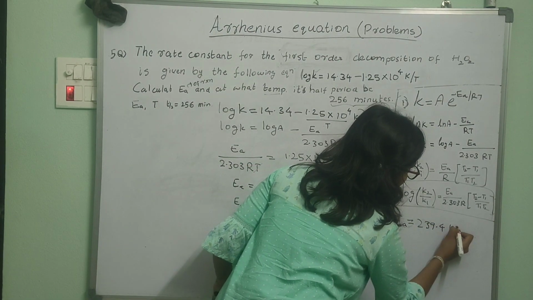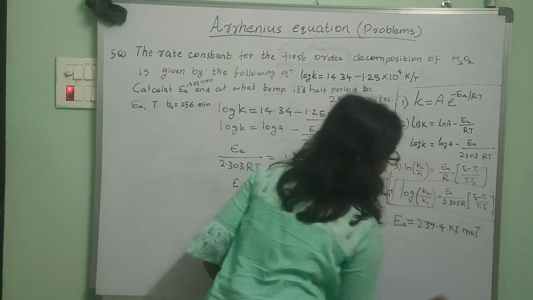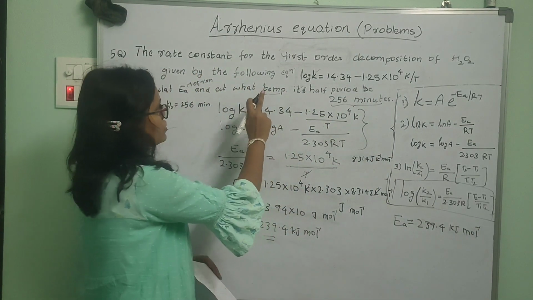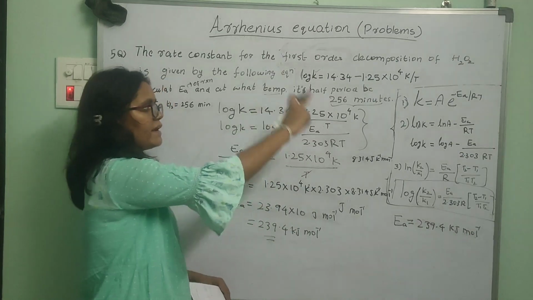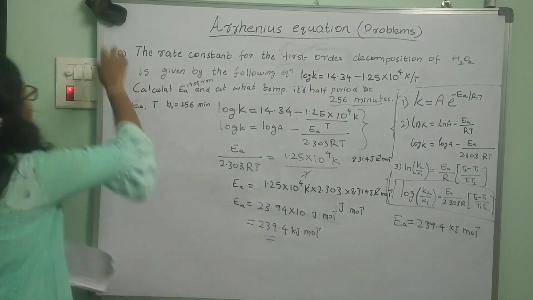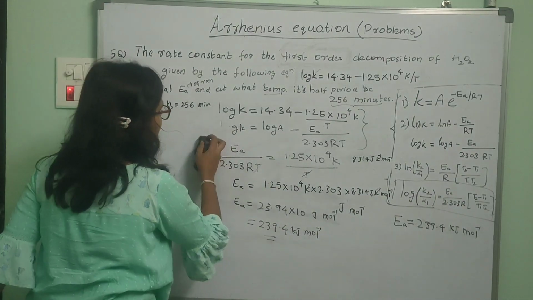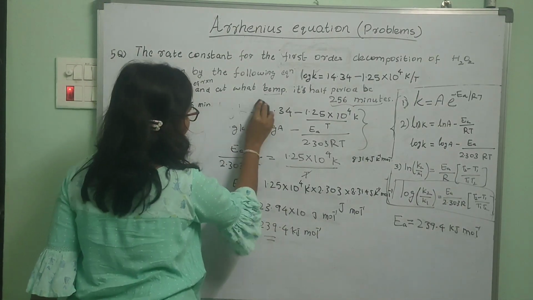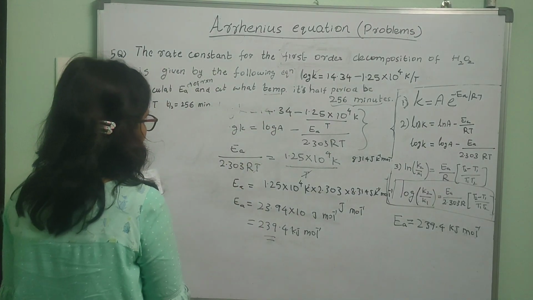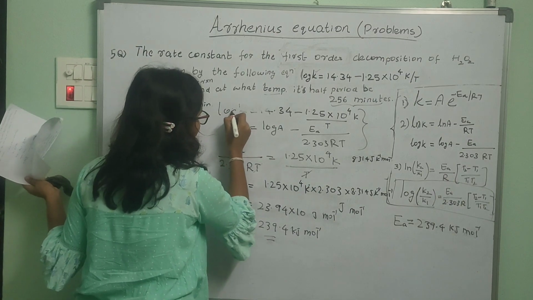239.4 kilojoules per mole. Now you are asked to find out the temperature at which the half-life is 256 minutes. So you are given one more piece of information about this decomposition of H2O2. I'll keep this first equation as it is.